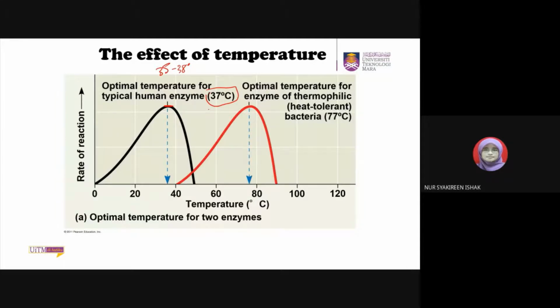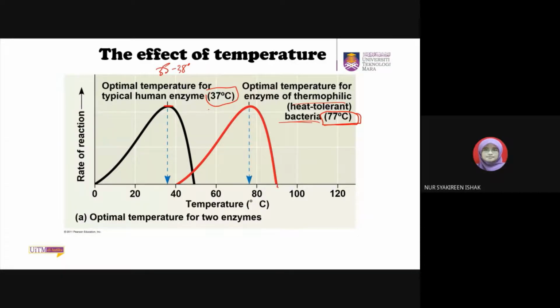Okay, so another example here, you have the optimal temperature for enzymes of thermophilic bacteria. Thermophilic bacteria are bacteria that live in really hot springs. For example, hot spring water. So this bacteria can tolerate a really high temperature, where the optimum temperature is around 70 to 77 degrees Celsius. But if you go beyond that, it can cause the enzymes of this bacteria to also denature.